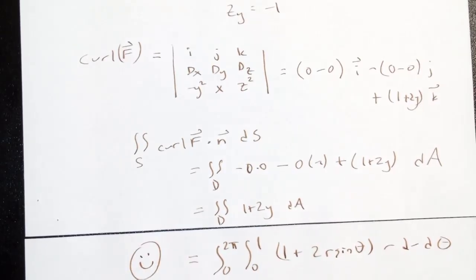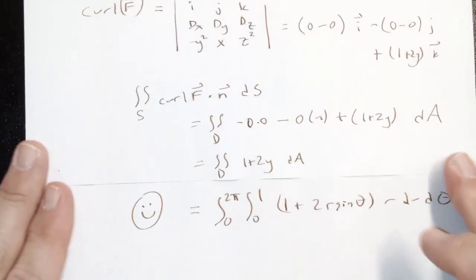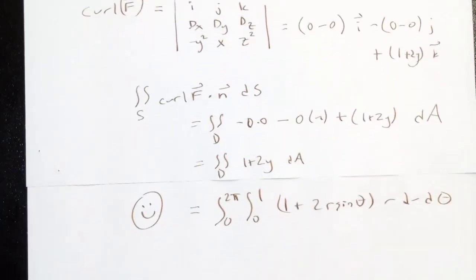I know how to do this. Instead of having to do an ugly, really difficult line integral, I do a nicer circle. I have this vector field in my picture, which I didn't draw for you yet.